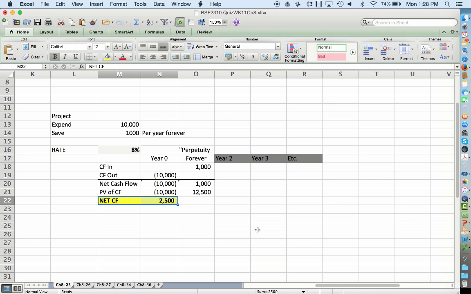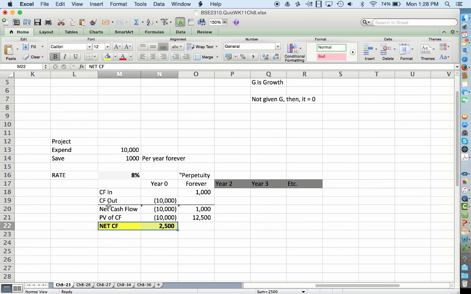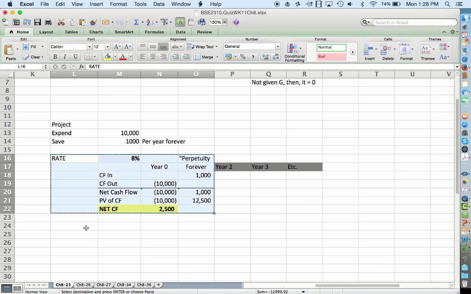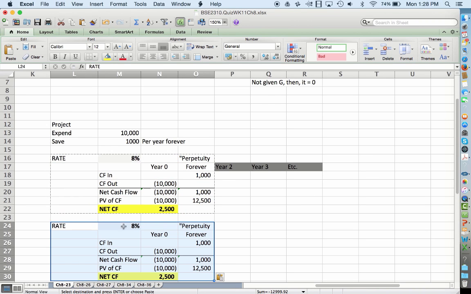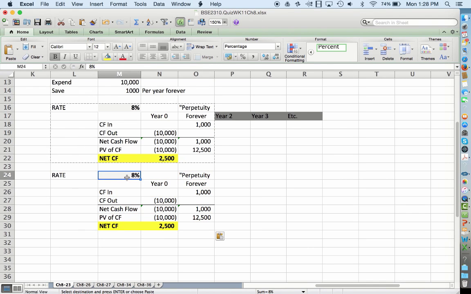And then if I wanted to do this for the other discount rate, I just copy the whole thing and I just change the rate to 10%. That's tricky because now it's 0.